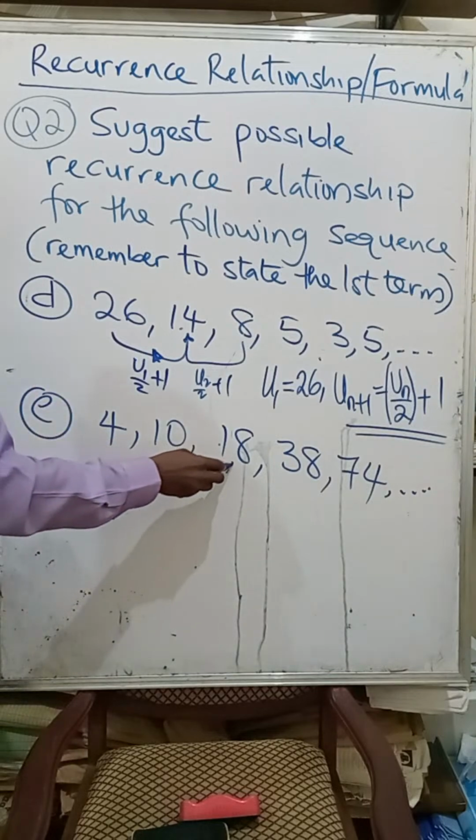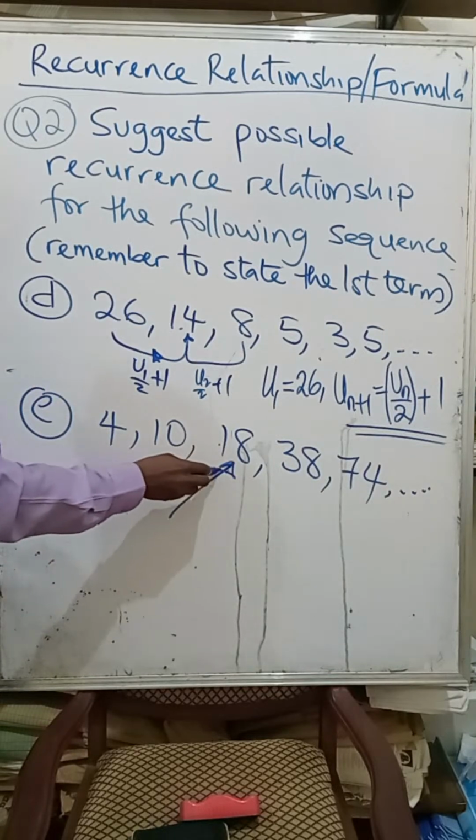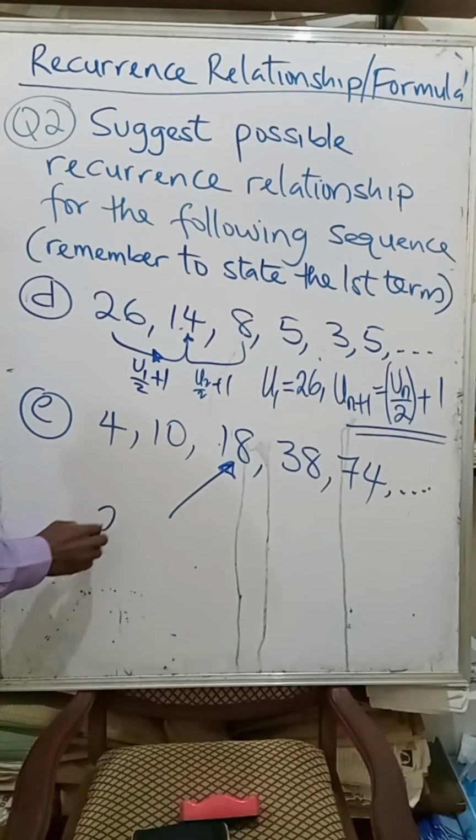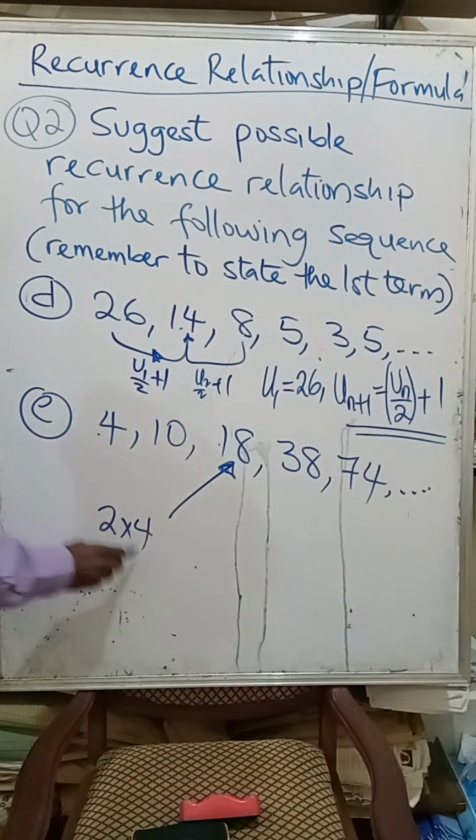To get this 18, it's going to be 2 times 4 plus 10.